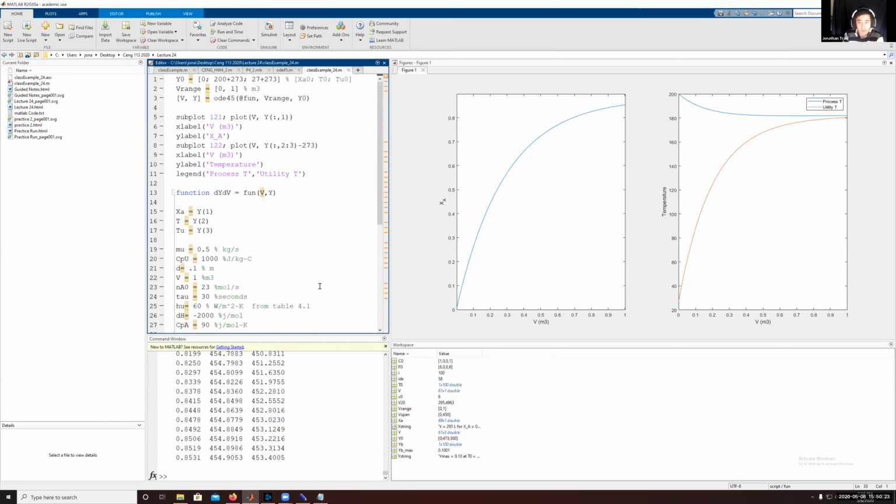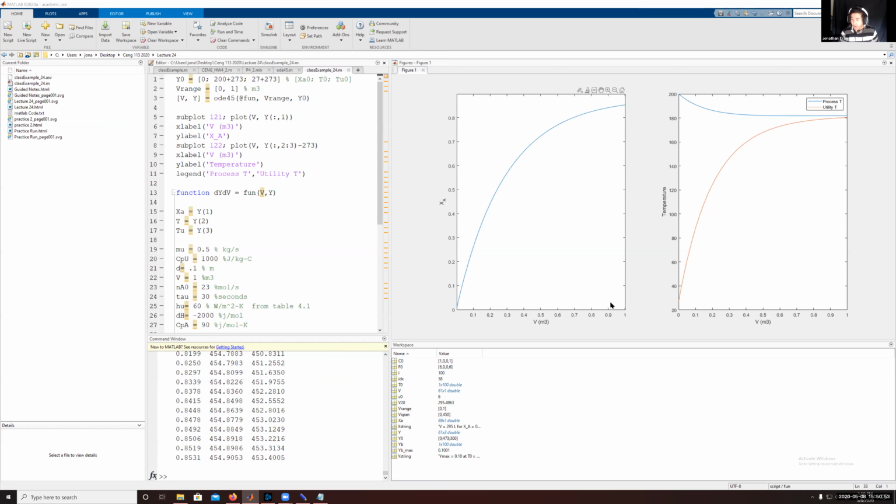Now, like somebody said, they were asking why are we defining V when it changes as the ODE happens? The reason is because this V that we're plotting on the x-axis could correspond to the length down the PFR. So if our PFR is 1 meter cubed in volume, we want to know, given these conditions, if we were to go down 1 meter cubed, what kind of conversion are we going to get?